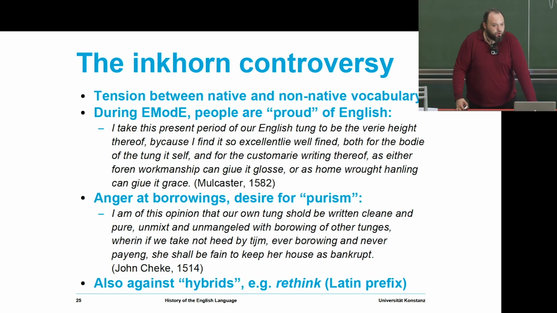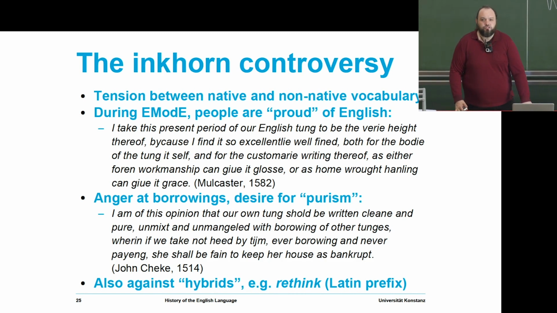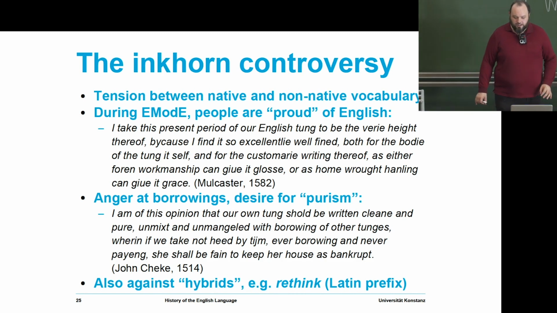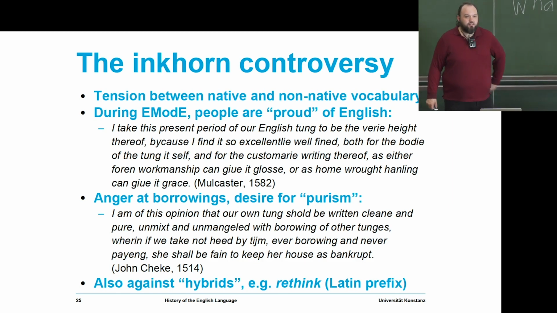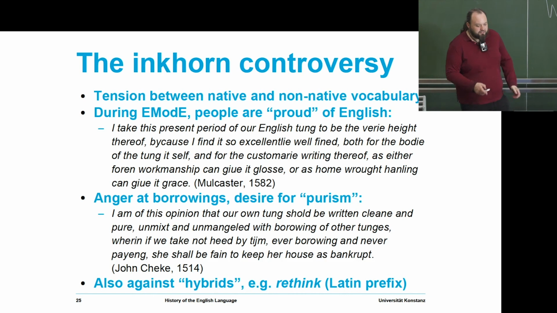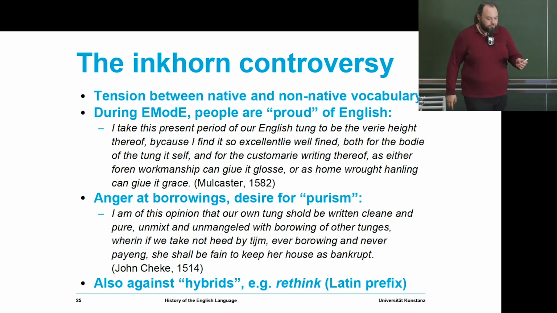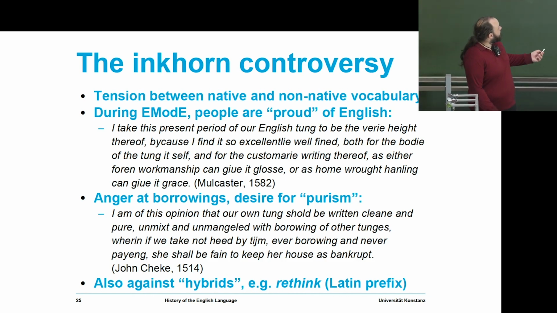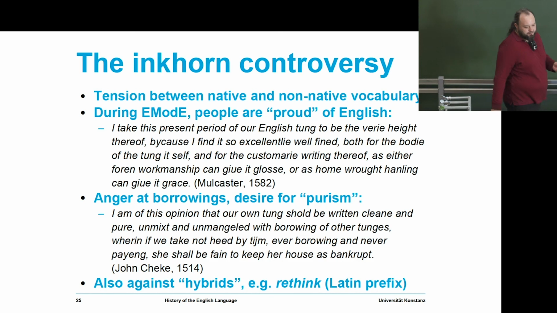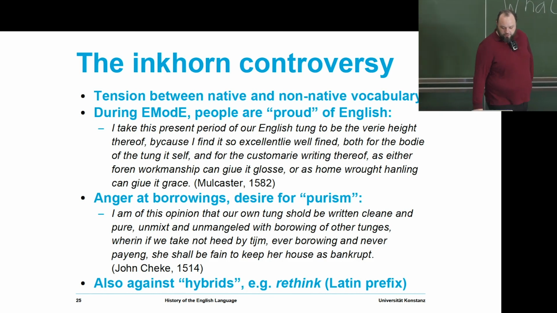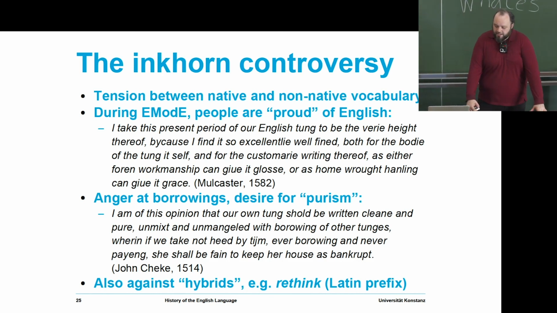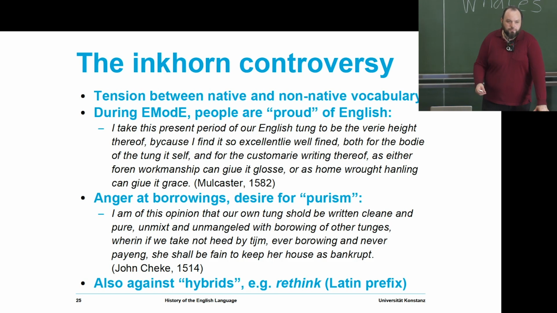So Cheke was quite keen to keep the language free of borrowings, which is kind of nonsense at this point, because there have already been so many borrowings, and we can see that Cheke is using several of them himself. Right? So bankrupt, for instance, is a learned borrowing from French and Latin, among other things. So we see many of these borrowings, even though people like Cheke were trying to argue against them.